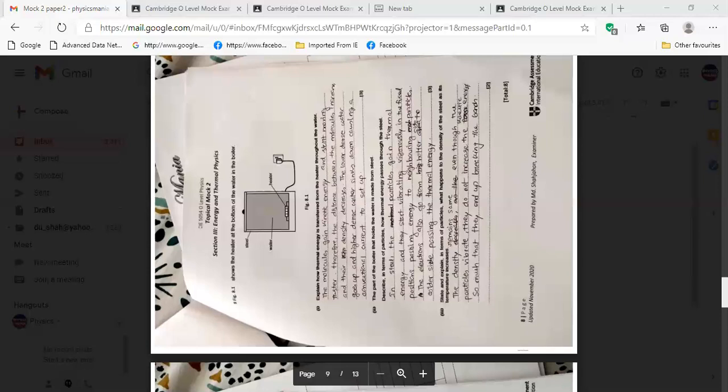So you first write that particles, molecules, move a little bit far apart due to vibration.